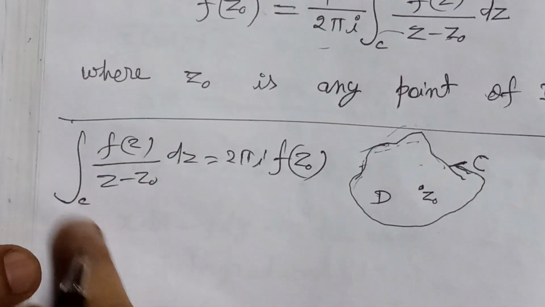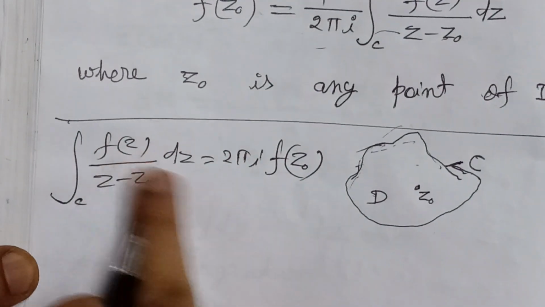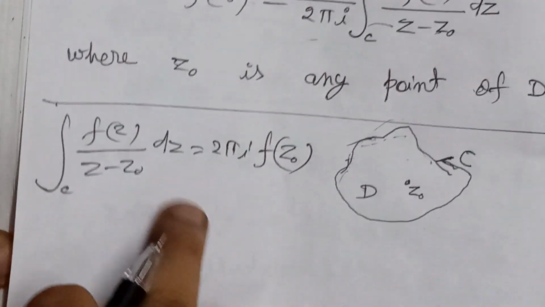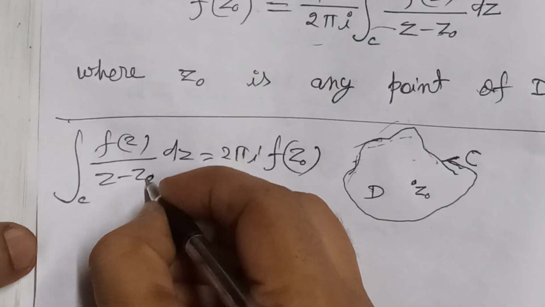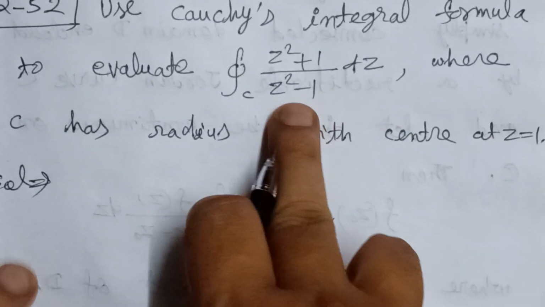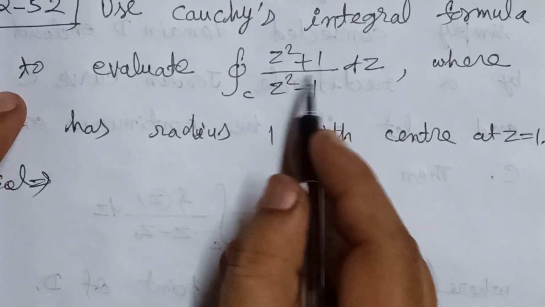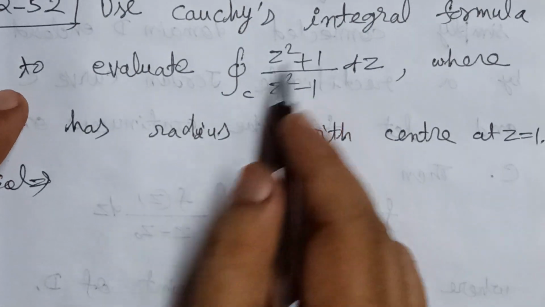We have to find this type of value in the form of this. So we should first of all find z naught. For this we have to factorize the denominator of this integrand.